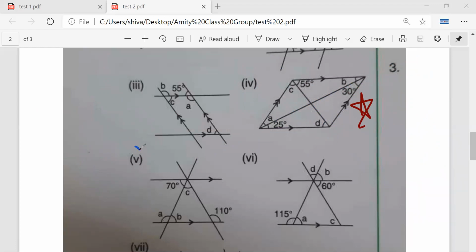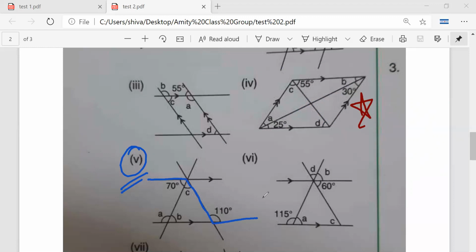Mr. Sarthak, have you done fifth part? Yes, sir. Can you tell me? So first, there'll be a Z. I didn't understand this part.